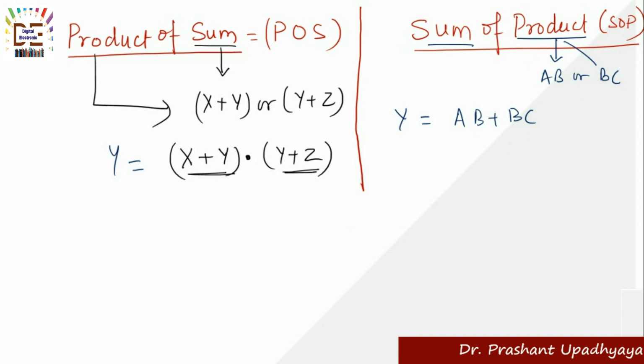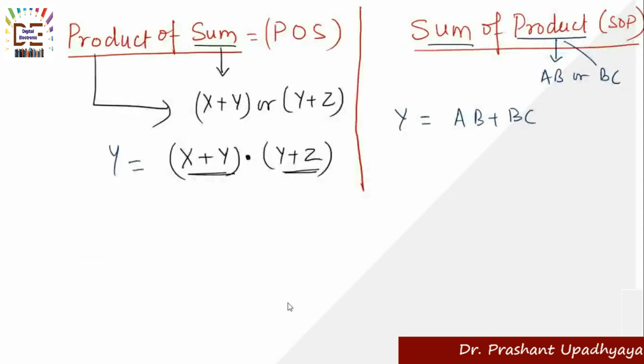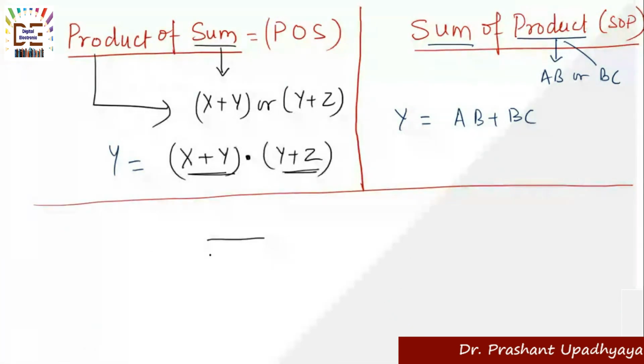Whenever we are talking about sum of product, I am writing only the short form. Whatever logic circuit we have, let me move to the previous slide where we are using it. Suppose this is my logic circuit. I can get the output from the logic circuit either in the form of 0 or in the form of 1.